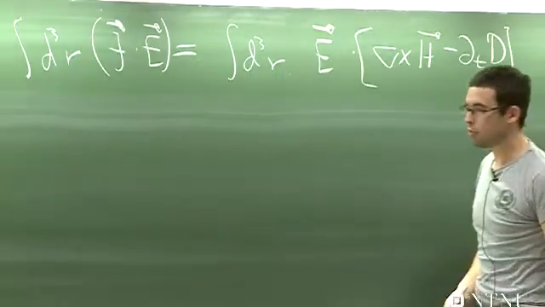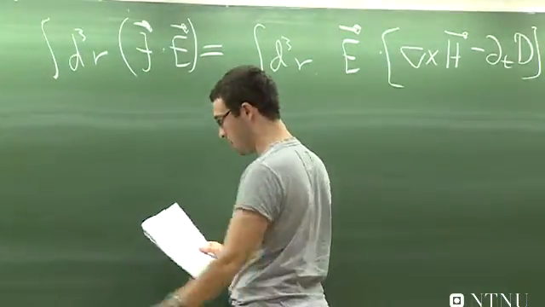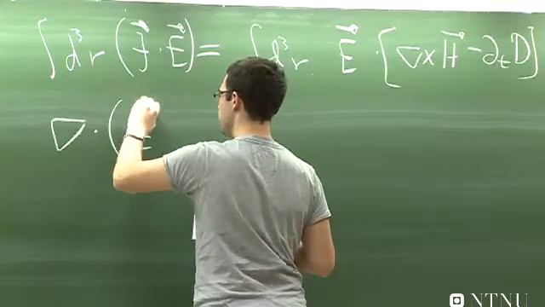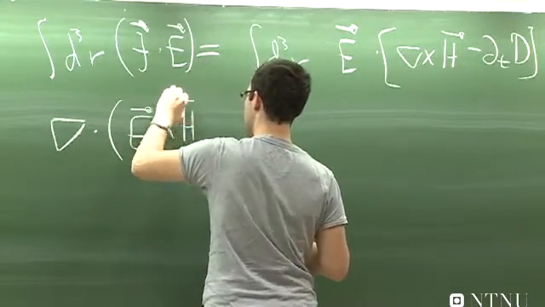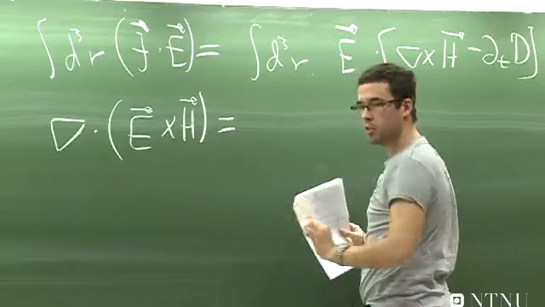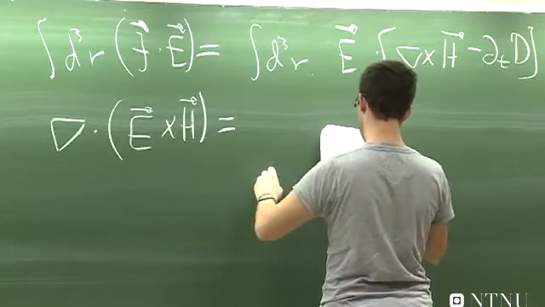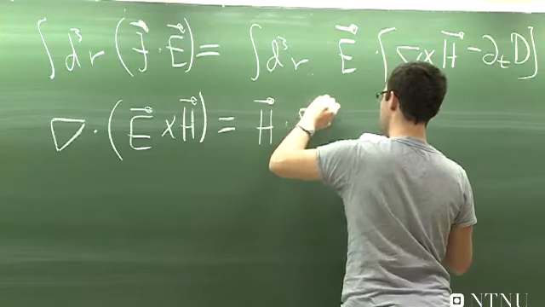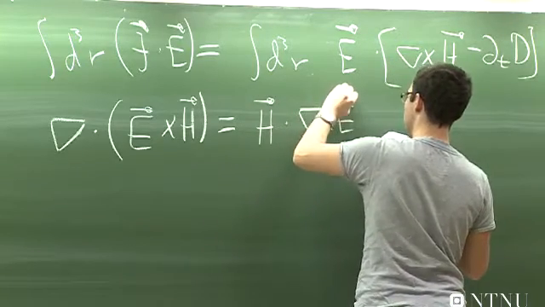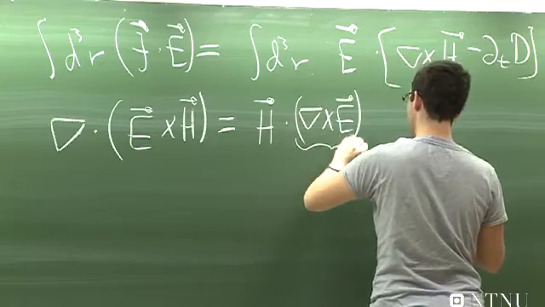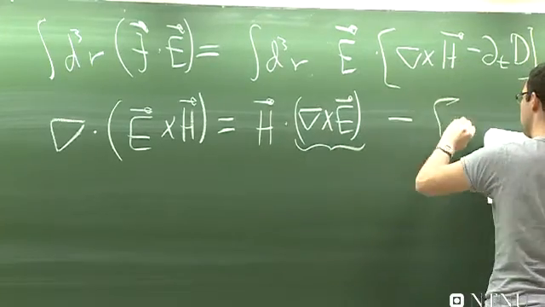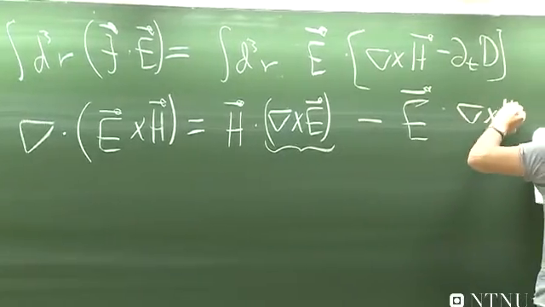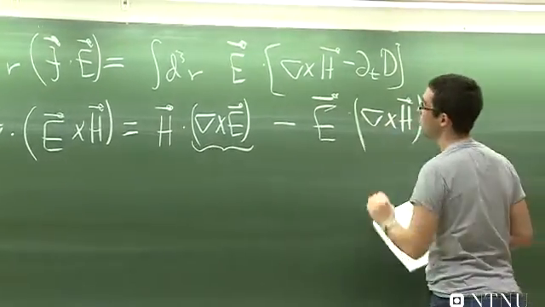Okay, and now we're going to need the following product rule, so I'll recap that. The gradient of a cross product can be restated as the following. There you go.